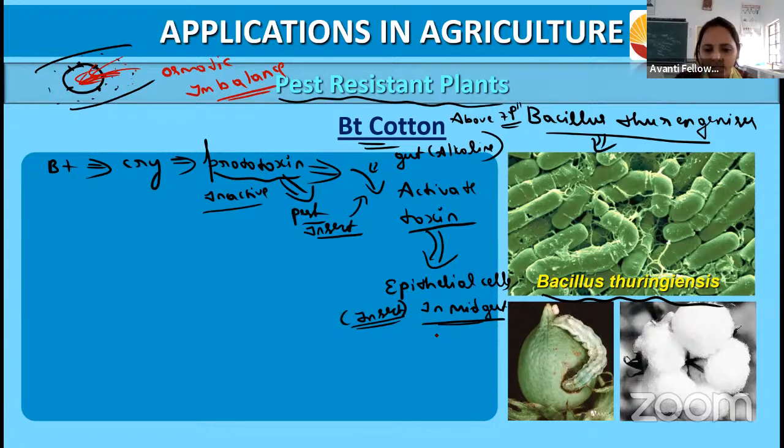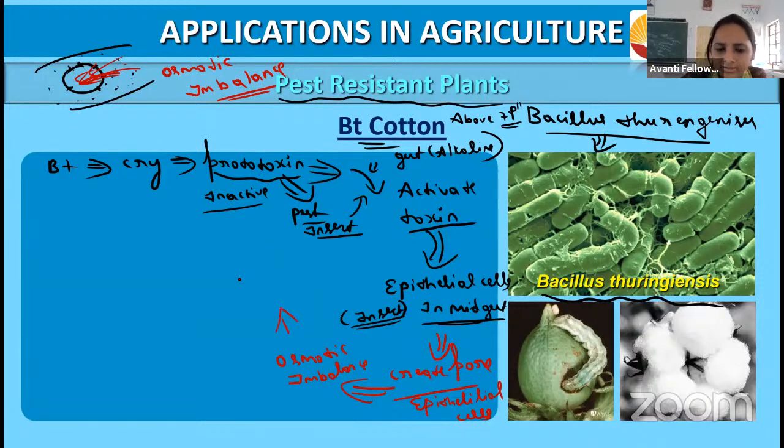See here, it is going to create pores inside the epithelial cell. In the epithelial cells, it creates pores and osmotic imbalance happens.